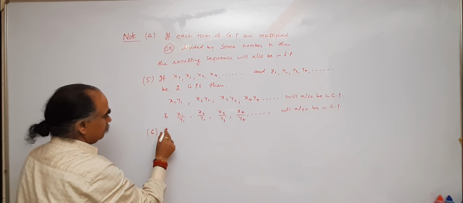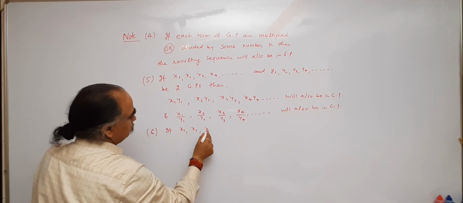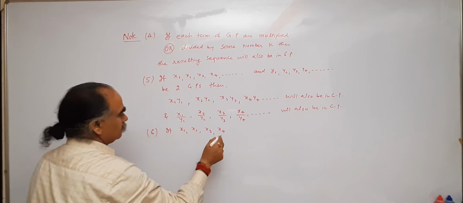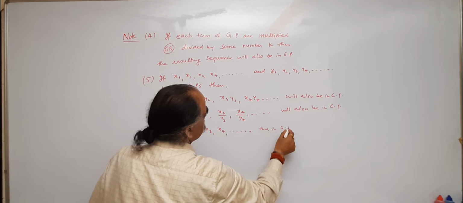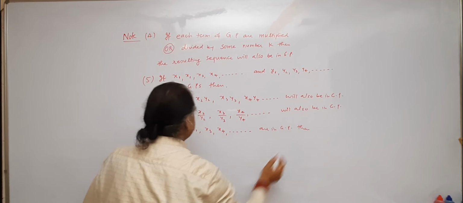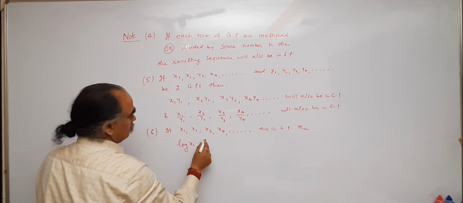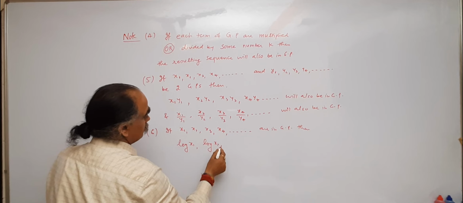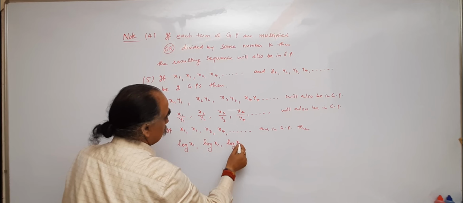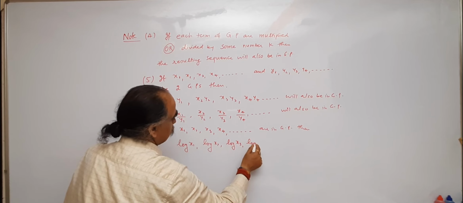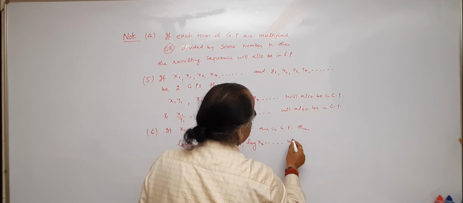If x1, x2, x3, x4 are in GP, then log x1, log x2, log x3, log x4 will be in AP.